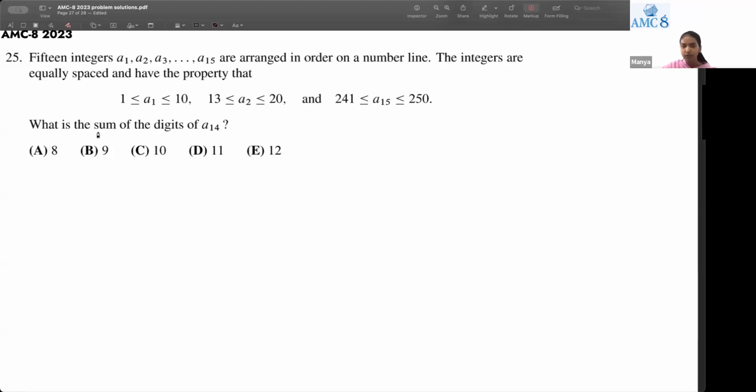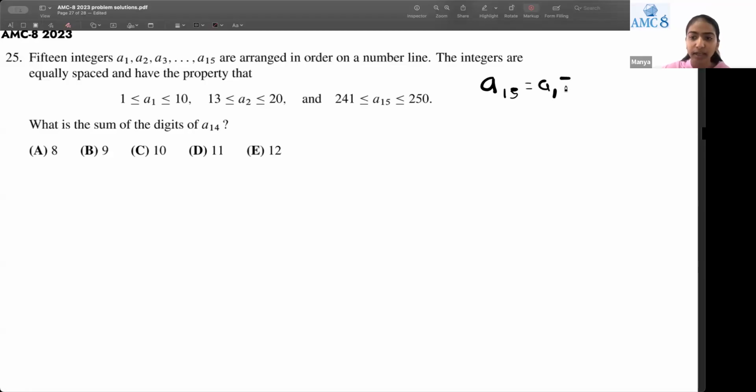So they're asking us to find what A14 is and add the digits all up. So to find what A14 is, we know that A15 is equal to A1 plus some distance.